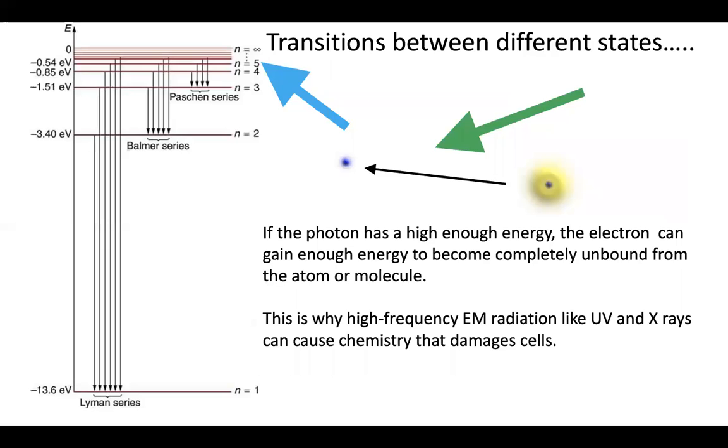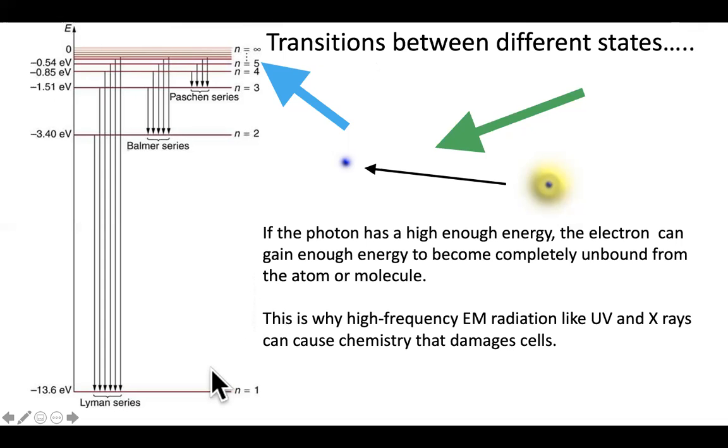Now, just to wrap this up, there is one other case I want to discuss, which is relevant from a health standpoint. You could imagine what happens if I have something in a low energy state and hit it with a really high energy photon. If this photon has a high enough energy, more than say 13.6 eV, then it can take an electron that was in a state that was confined around the nucleus, and put it in a state that could get it anywhere away from the nucleus.